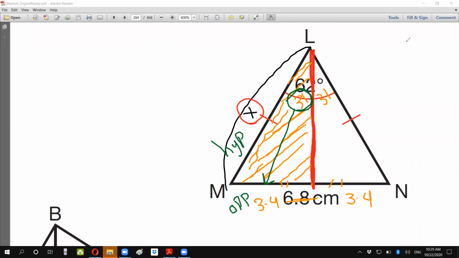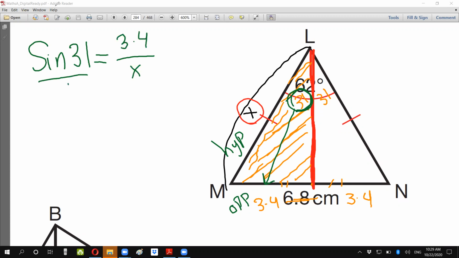Sine 31. Please solve with me. Sine 31 equals opposite over hypotenuse.